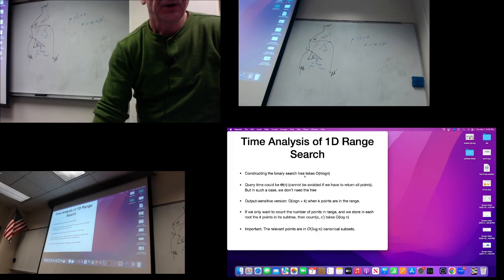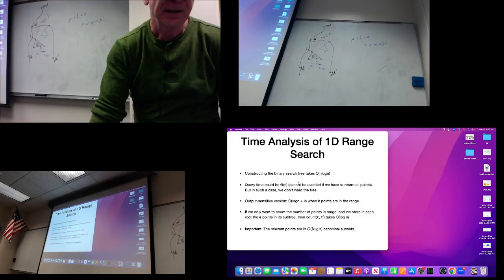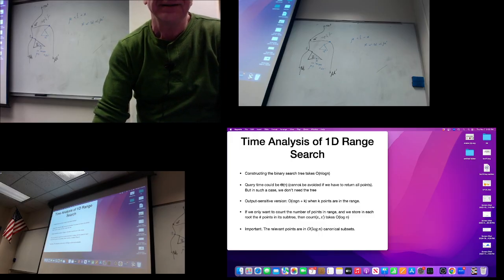Okay, so constructing the binary search tree takes n log n. You need to sort the points. Query time can be answered, of course, in theta of n in the worst case, but generally, if I have k points in the range, then I can print all of them in log n plus k.